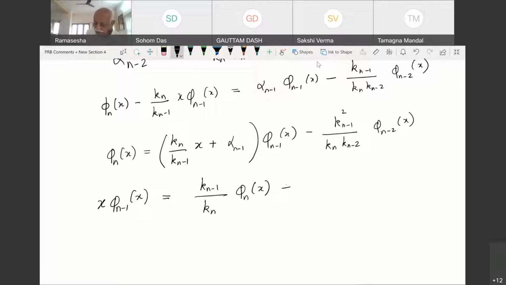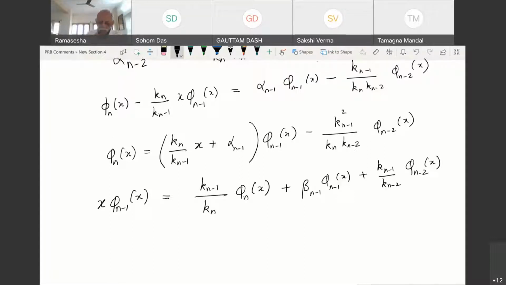So I can say plus some beta_{n-1} P_{n-1}(x), plus k_n by k_{n-2}.